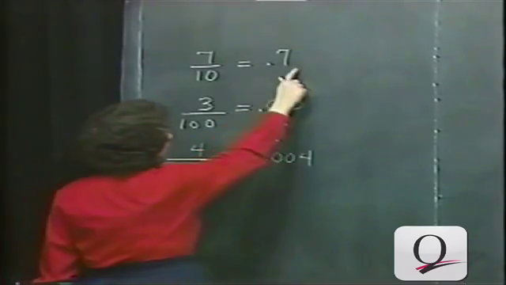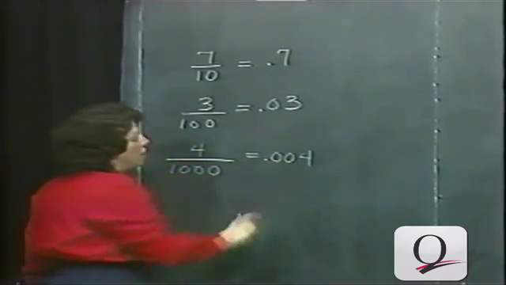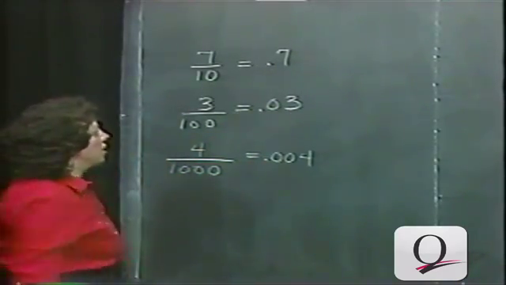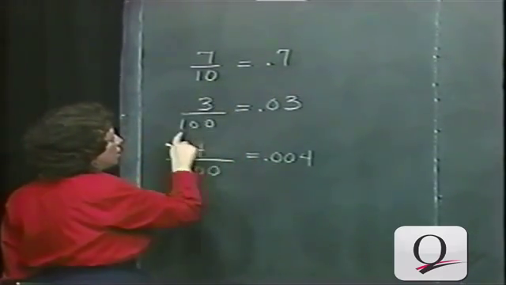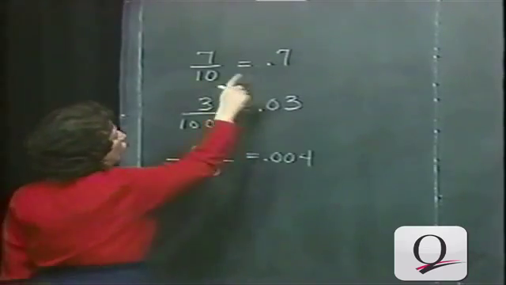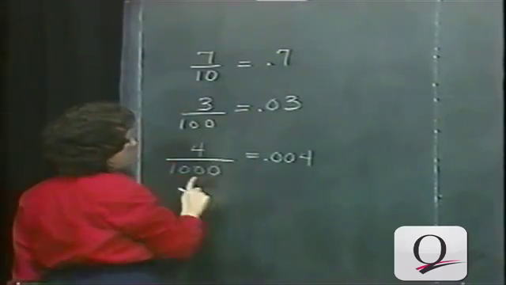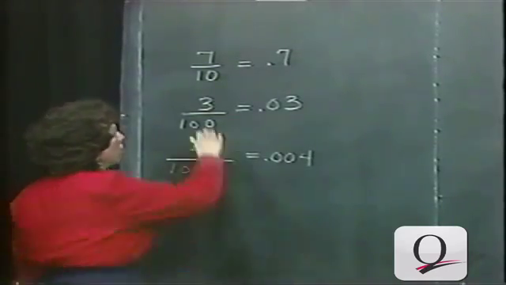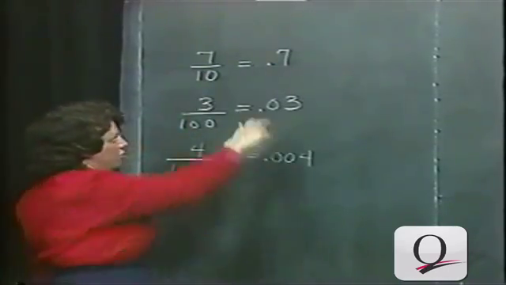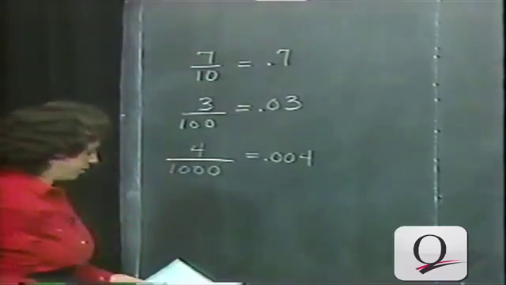You can figure out how many decimal digits we would have when we write the decimal fraction in decimal form because it's equal to the number of zeros in the denominator here. 1 zero, 2 zeros, 3 zeros. These are decimal fractions, and we're writing them here in the decimal form.